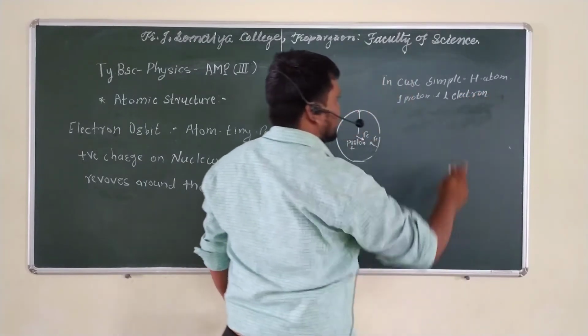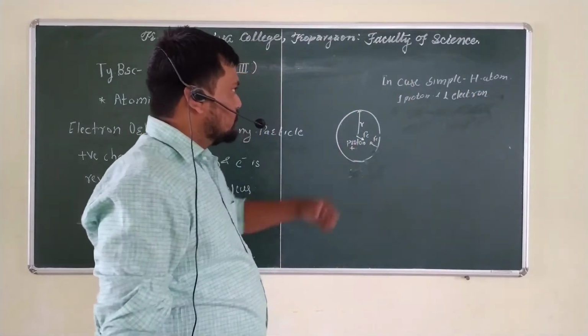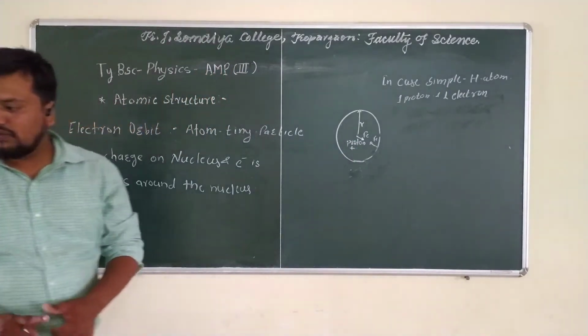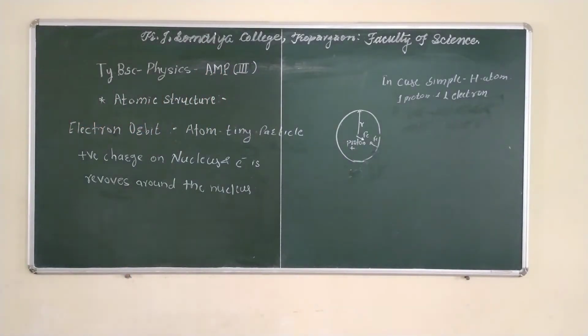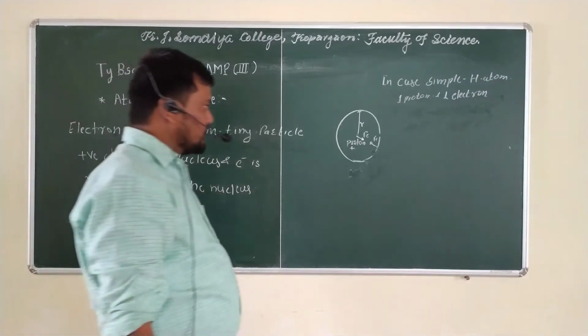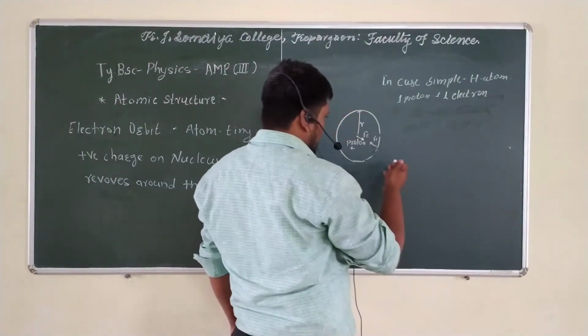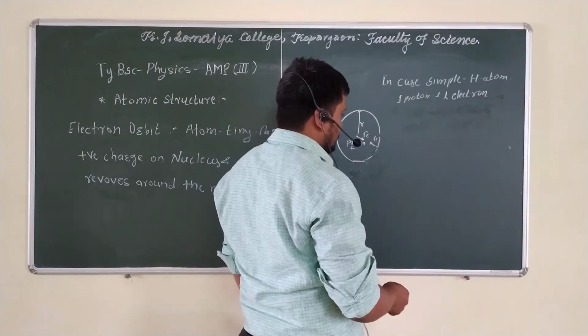We assume a circular electron orbit, and the centripetal force holds the electron in the orbit of radius r. That centripetal force holds the electron revolving in the orbit around the nucleus.